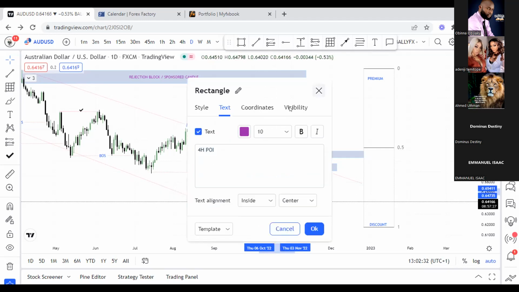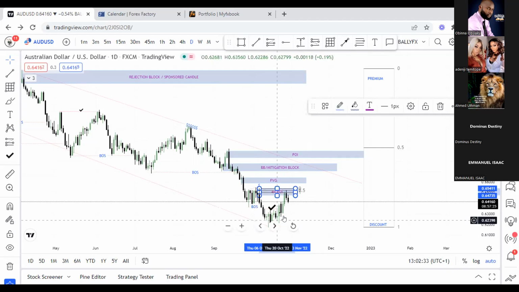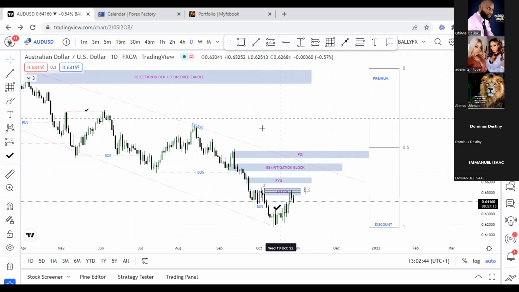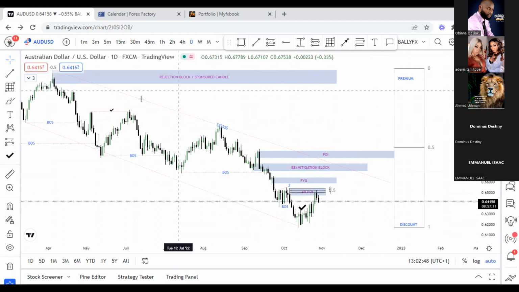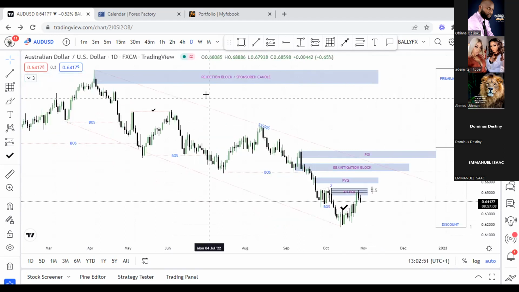So I would want price to come down and take out all this liquidity that we have here and go back up to feed this fair value gap and continue the bearish structure. That's what I'm just awaiting. This was the sponsored candle and the rejection zone that led to the downward movement of this chart. Thank you. That's what I have.